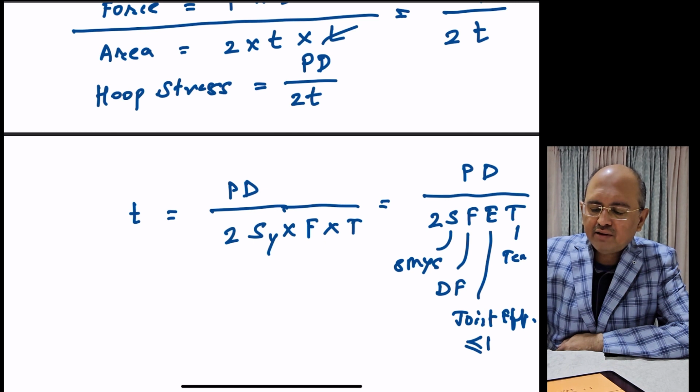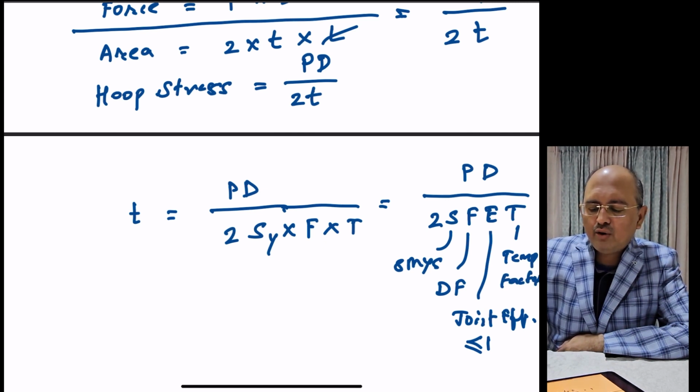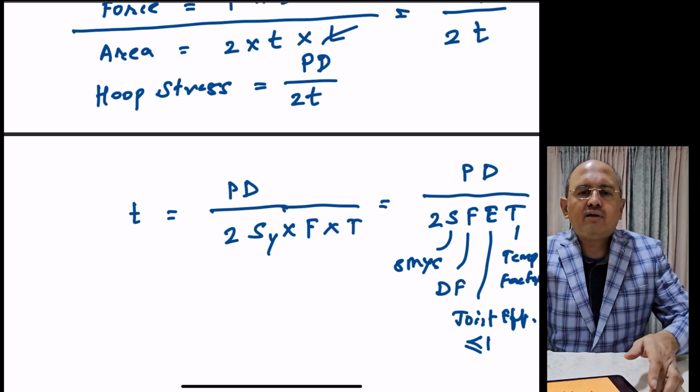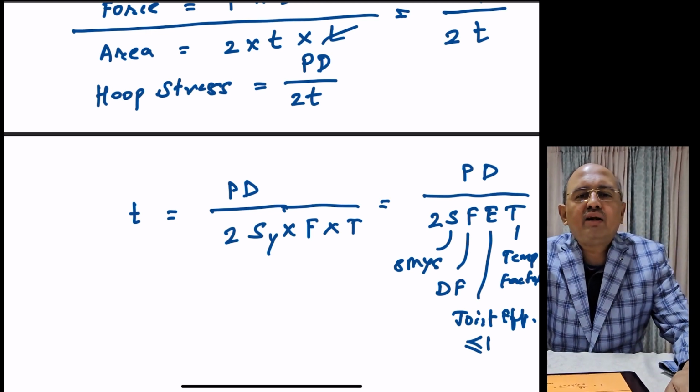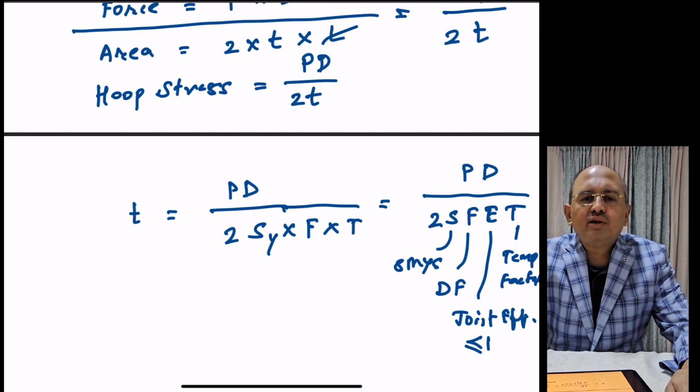And T is the temperature correction, basically the temperature factor, because as we all know, whenever the temperature of any material goes up, its strength reduces. In the forging industry, when we have to bend or create some particular shape of a metal rod, we heat it and then bend it easily.